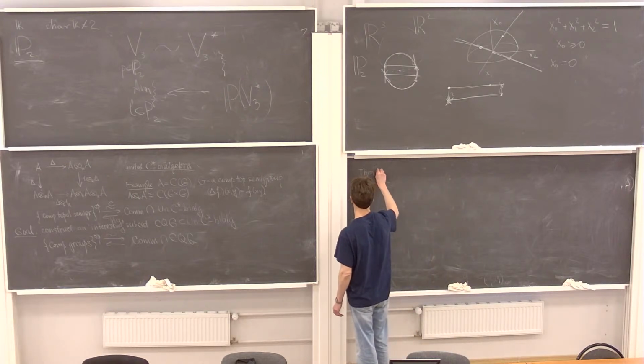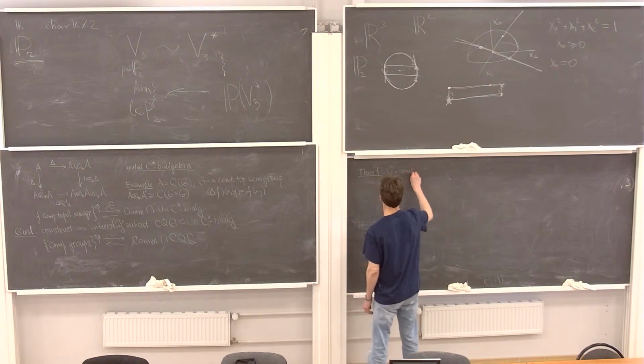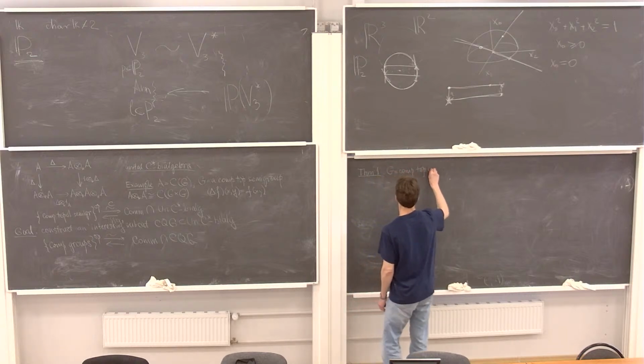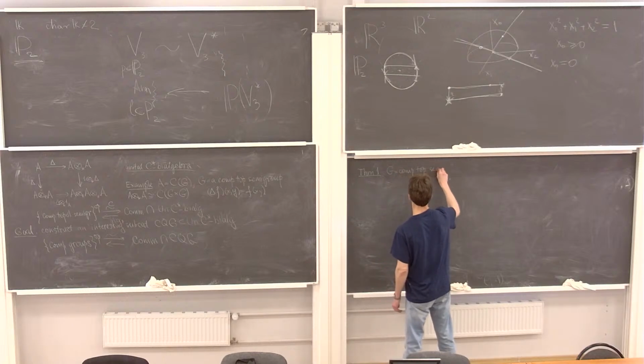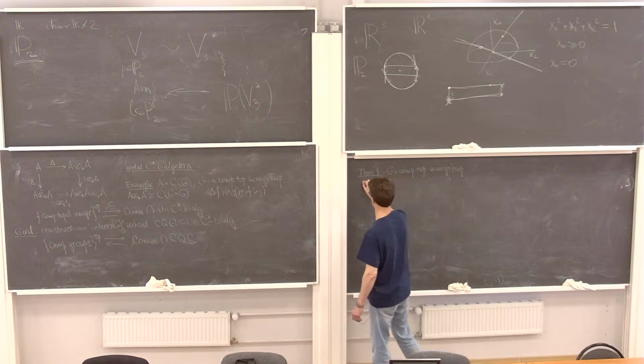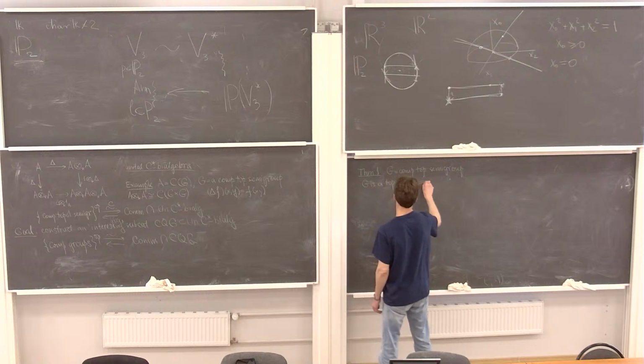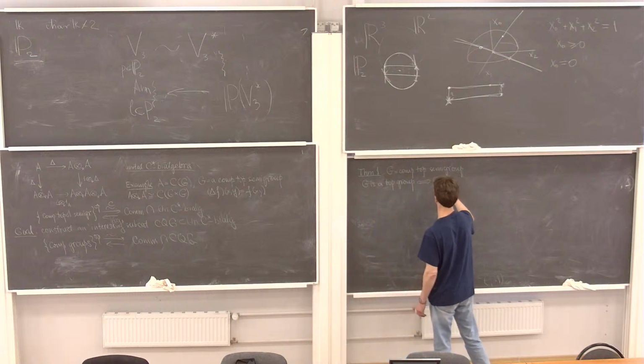Let's call it theorem 1. If G is a compact topological semigroup, then G is a topological group if and only if G is a semigroup with cancellation.